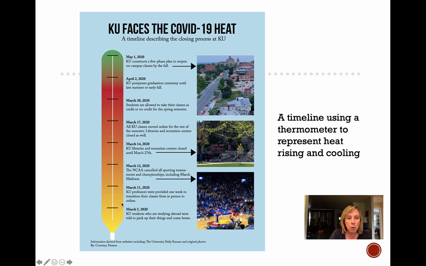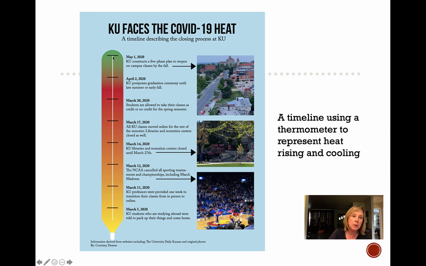This student has drawn in InDesign this thermometer. And she has put a gradient color in the thermometer. Yellow meaning warm, and then getting hotter, and then getting super hot, and then cooling off.